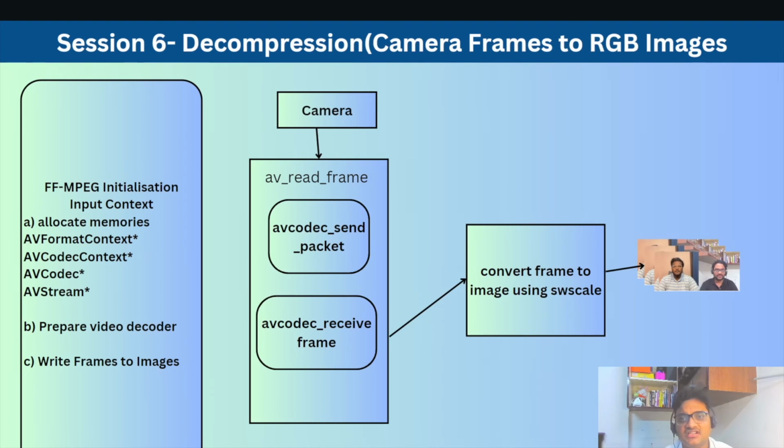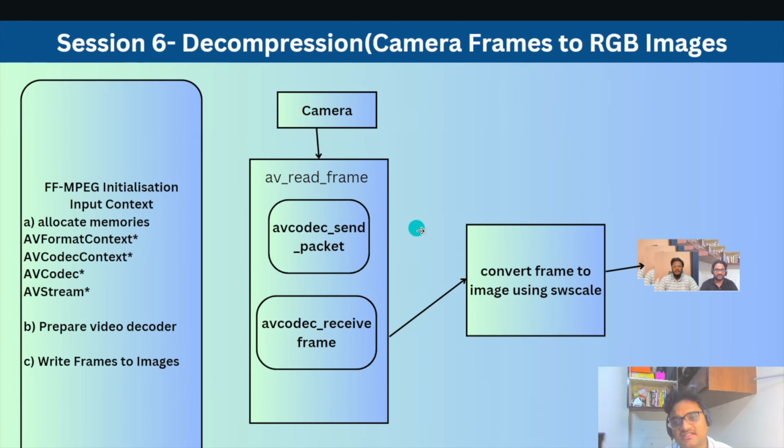In session 6 we covered how to convert camera frames to RGB images. So instead of an MP4 file, here we are getting the feed from the camera, and from that camera we are getting the packet and sending it.